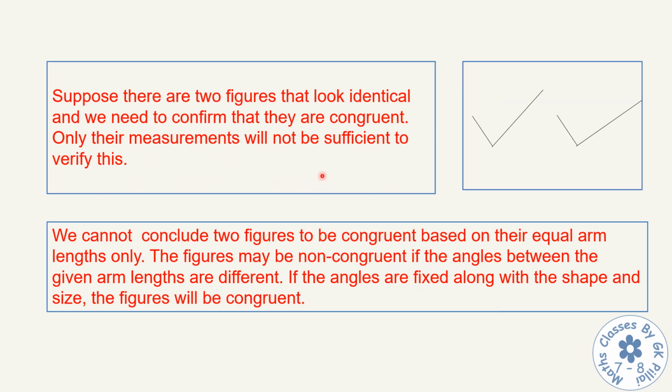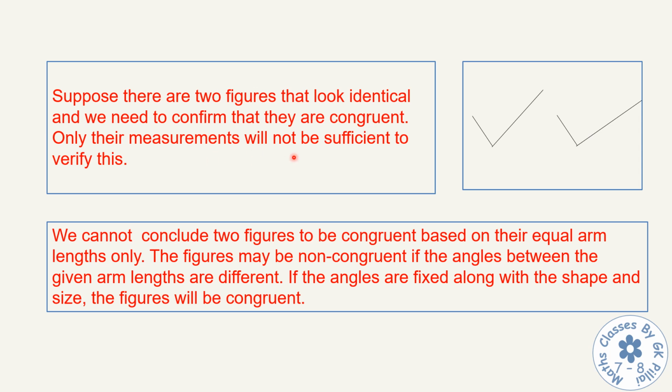Here I am giving an example of how to identify two congruent figures. Here I have given two figures. They look alike. Suppose there are two figures that look identical and we need to confirm that they are congruent.